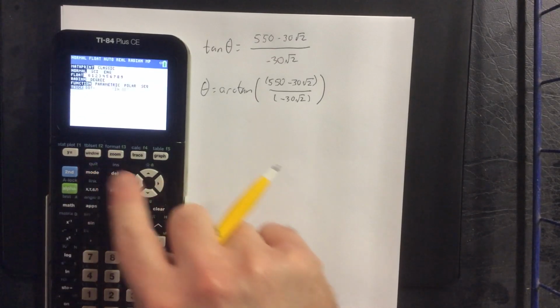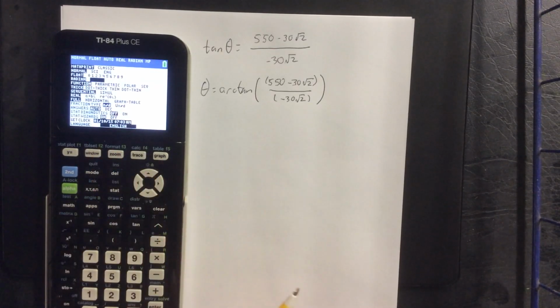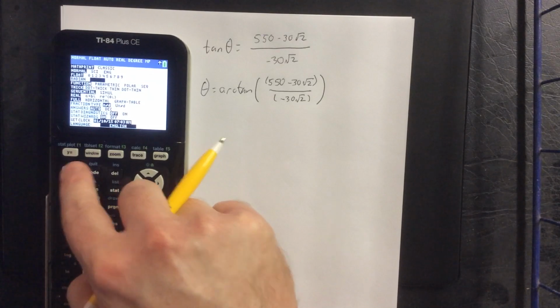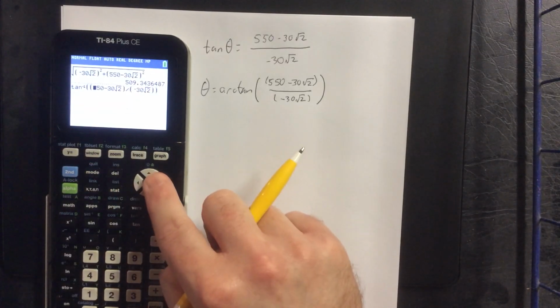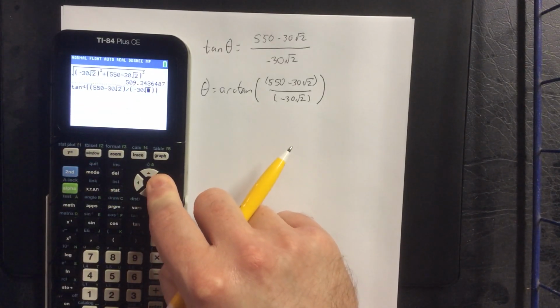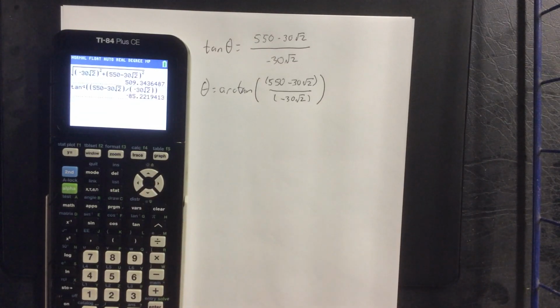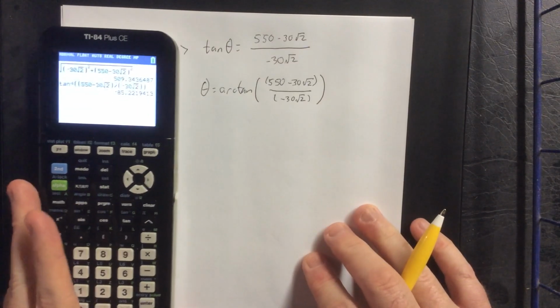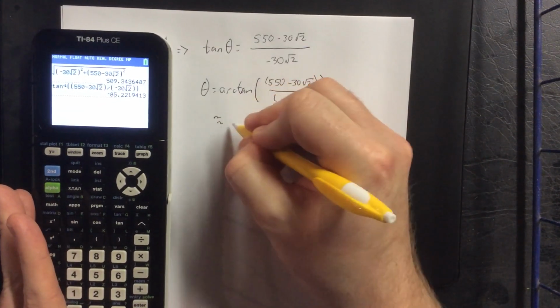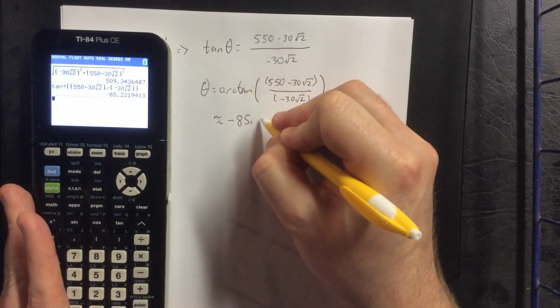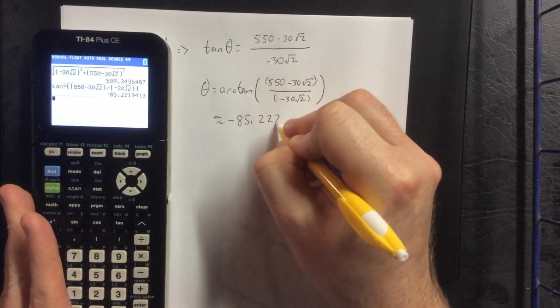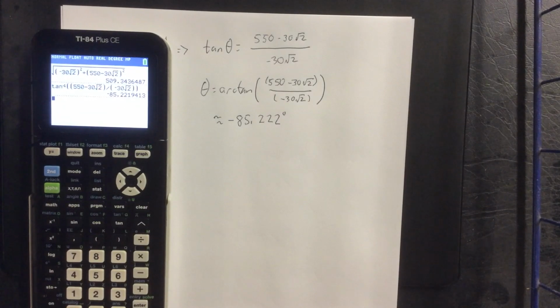Now, before I ask the calculator for the answer, I'm going to verify that my calculator is in degree mode since I switch back and forth a lot. And now, I'll ask the calculator for our answer. This answer is incredibly wrong. Negative 85.222 degrees, we'll call that.